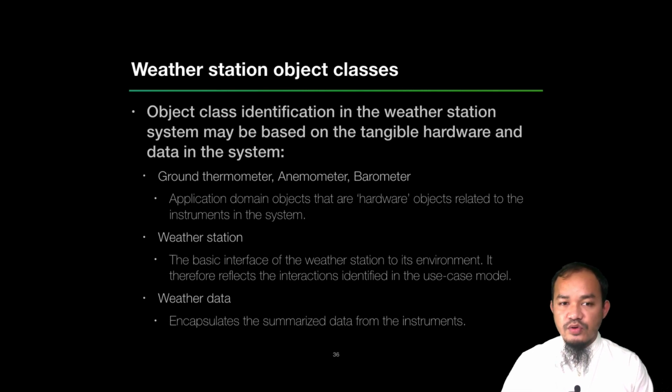For example, here the ground thermometer, and then weather station, weather data, and so on. You look at the object of the context and the sentences inside the system or behavior of the system, and then we can define the object. That's why they say most identification of the object class is based on the skill and experience of the software engineer.